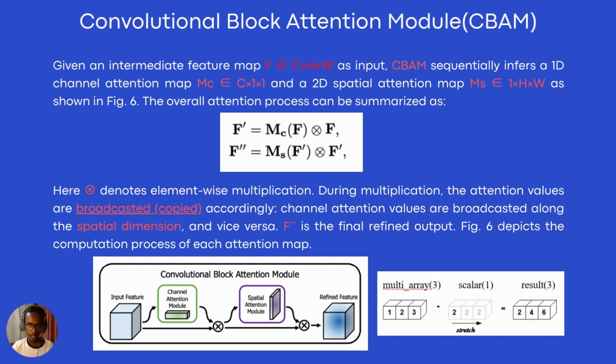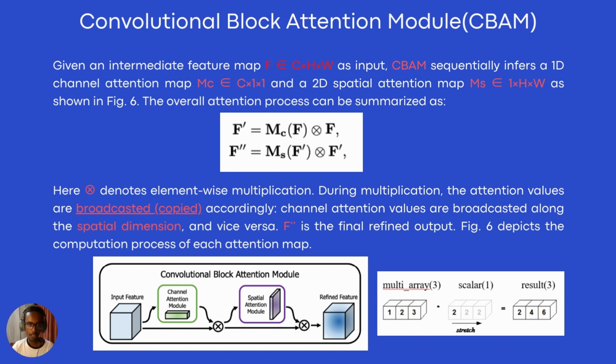Then we get F prime, which is going to be the output of the multiplication operation between the input feature F and the output from the channel attention. We pass this on to the spatial attention module MS, and we multiply with F prime, which is the output directly from the channel attention module.